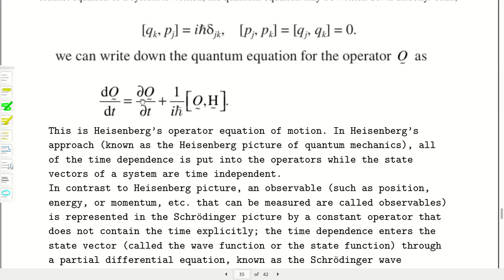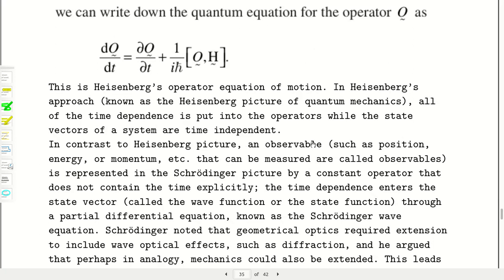O is an operator, so it is ∂O/∂t plus the Poisson bracket replaced by the commutator bracket, 1 by i h-cut times the commutator bracket of O and H. H is a Hamiltonian operator here. So in quantum mechanics you will have the scope to study such things in great detail. This is called the quantum mechanical Heisenberg operator equation, or Heisenberg equation of motion.